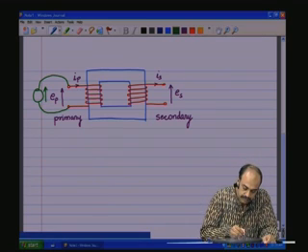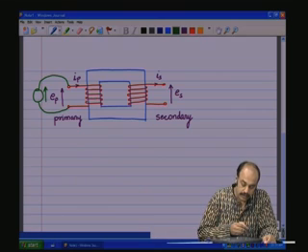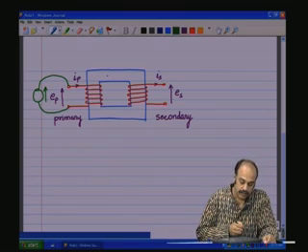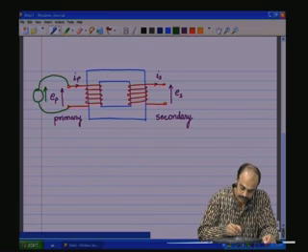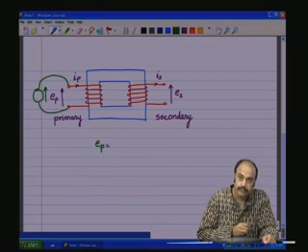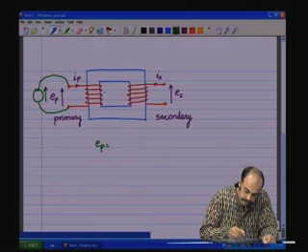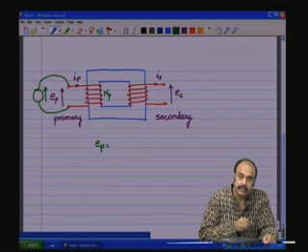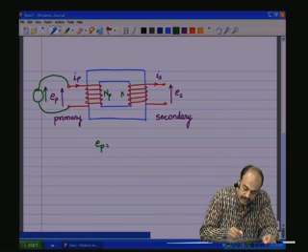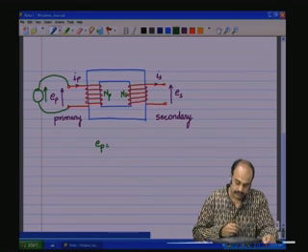So, once a current IP is flowing through the primary coil, there is going to be a rate of change of flux induced within the core. That is, let me say that there are N1 or NP number of turns on the primary coil and NS number of turns on the secondary coil.